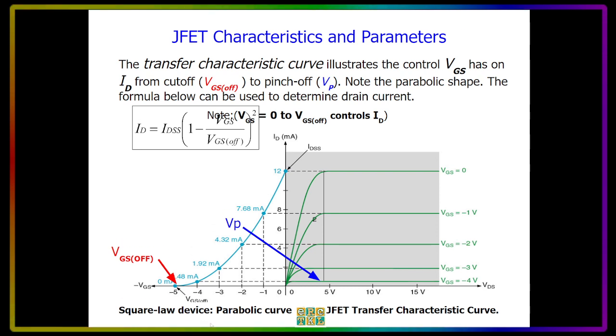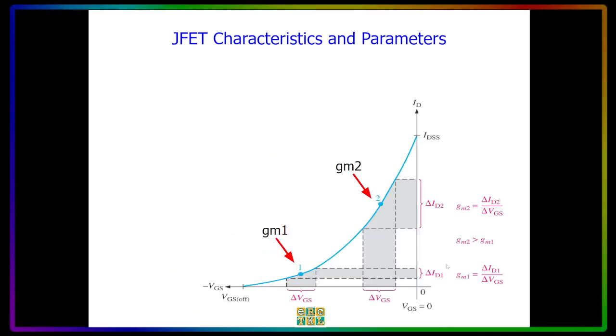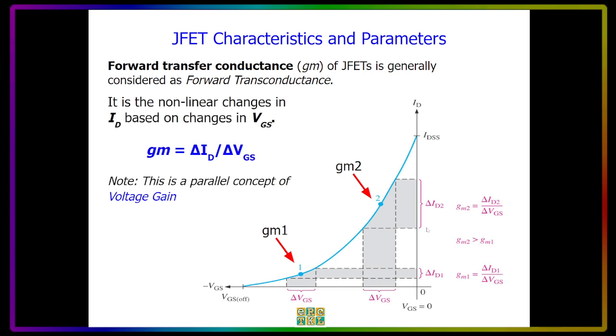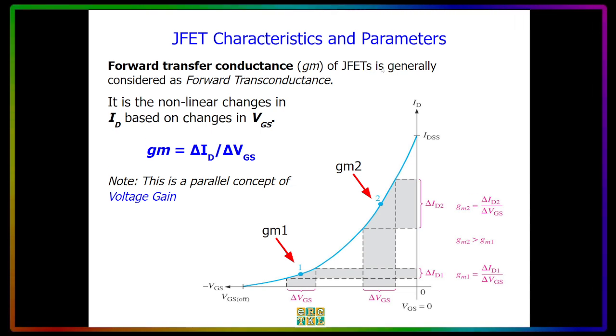Now the square law device, this is like a parabolic curve of the JFET characteristic curve. Now this is about the transfer conductance or forward transfer conductance represented by GM of JFET, generally considered as forward transconductance.